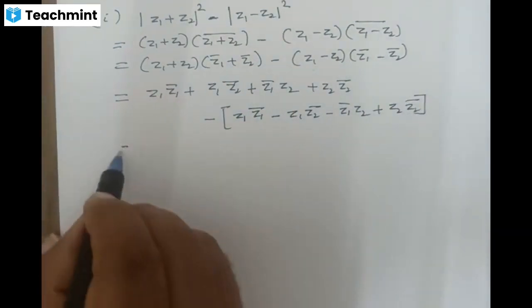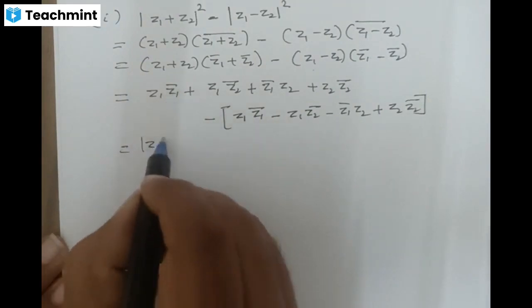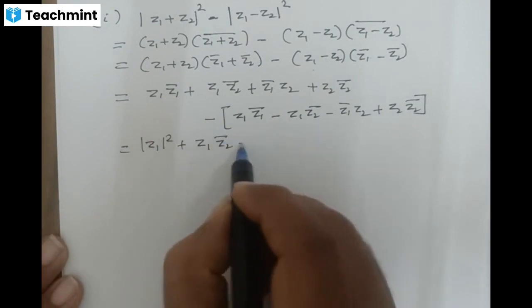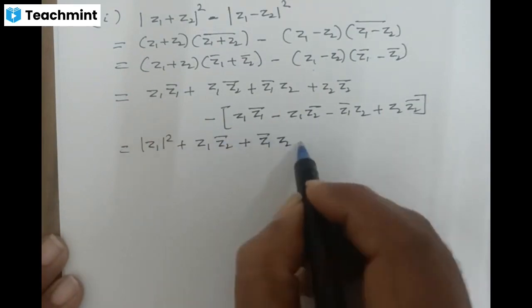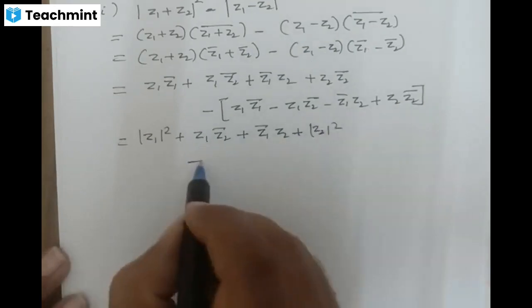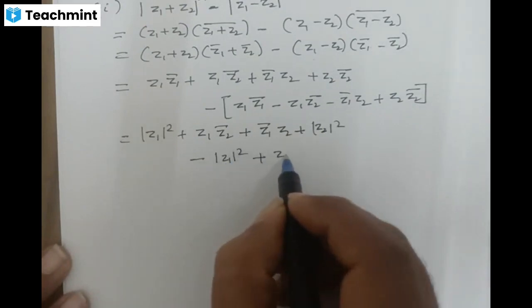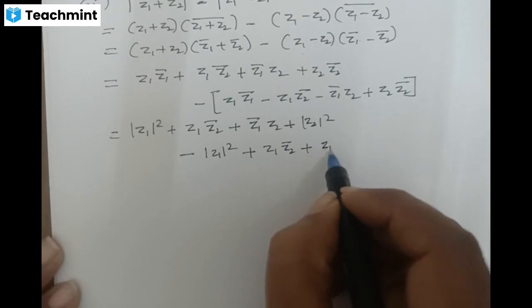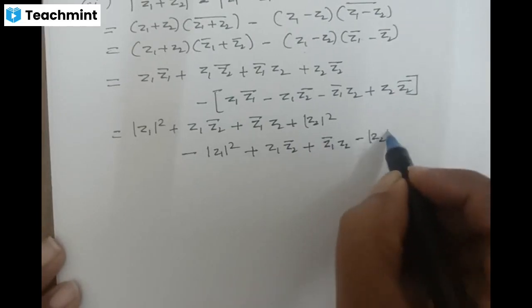Z1 into Z1 bar means mod Z1 whole square, and Z2 into Z2 bar is mod Z2 whole square.